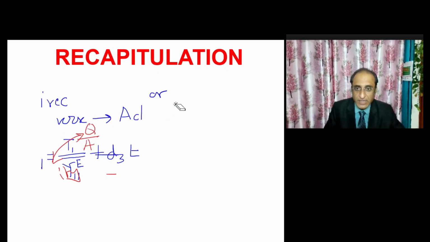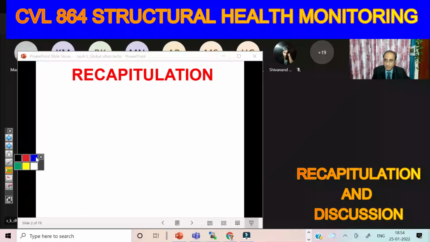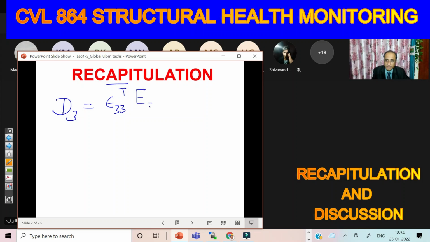Alright, so we start with this equation. Charge D3 is equal to epsilon 33 E3 plus D31 into T1. Alright, and this term is 0 because there is no external electric field. By mistake I had made the other term 0.